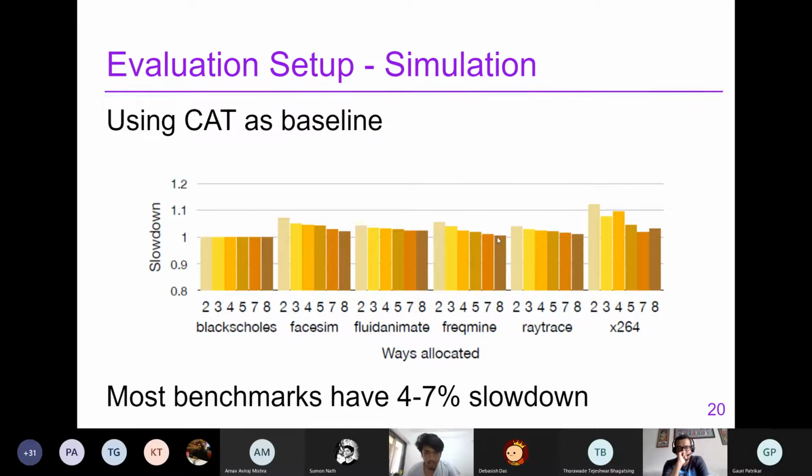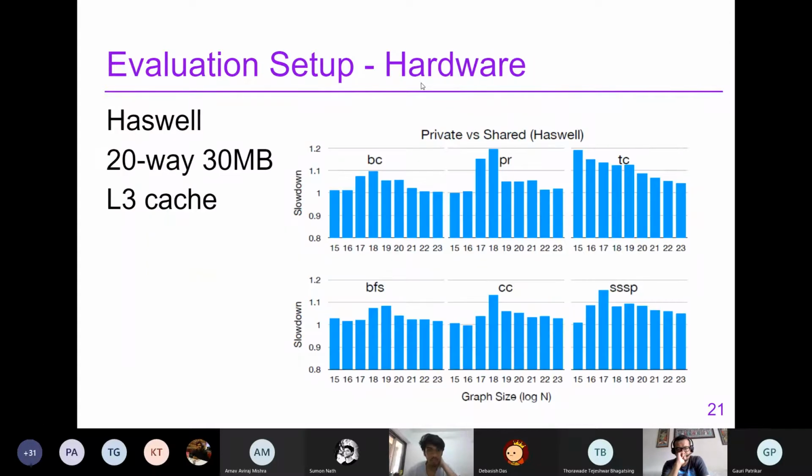But we can see that if it was dynamically allocated, and if we consider the best case, then all of the benchmarks have around 4 to 7% slowdown only in the simulation, and they have also done this using CAT as their baseline. They have done some experiments with the hardware using a Haswell 20-way 30 MB L3 cache.